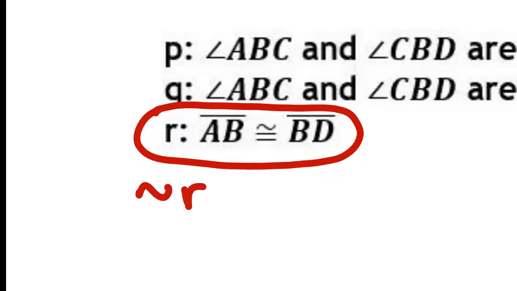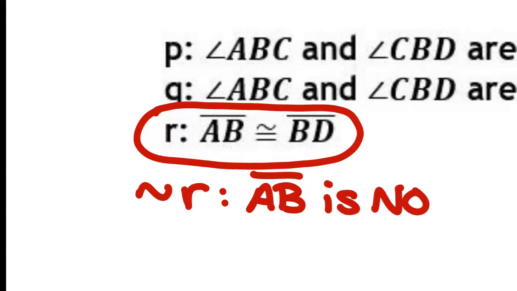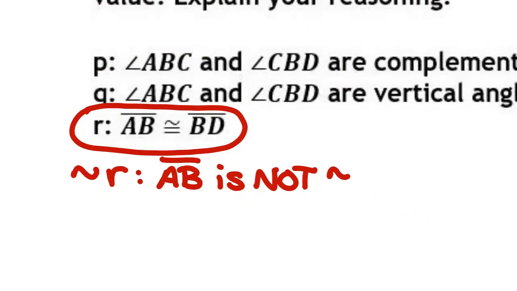So not R would be that segment AB is not congruent to segment BD.